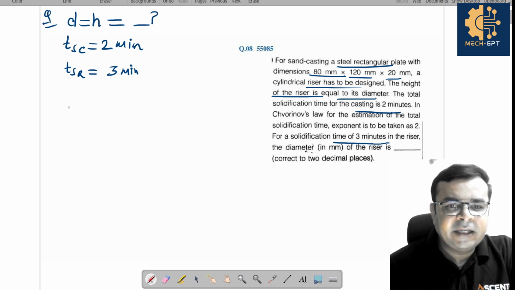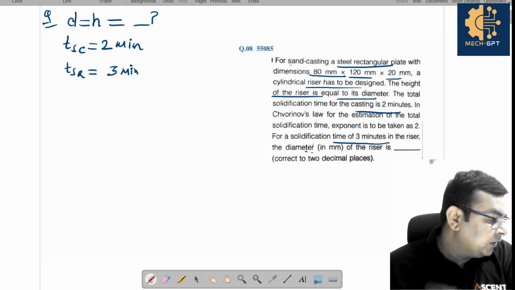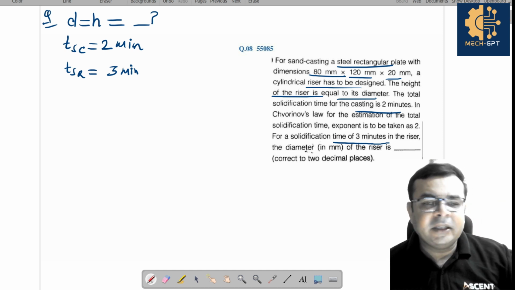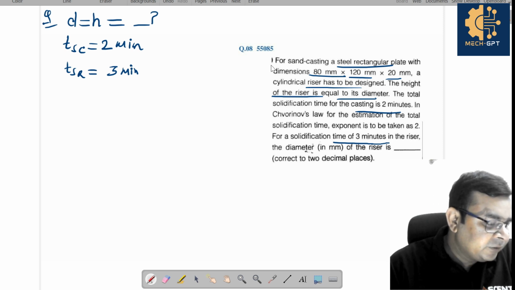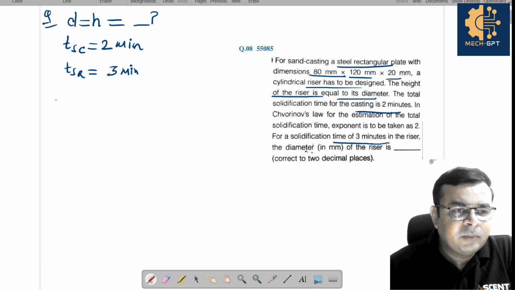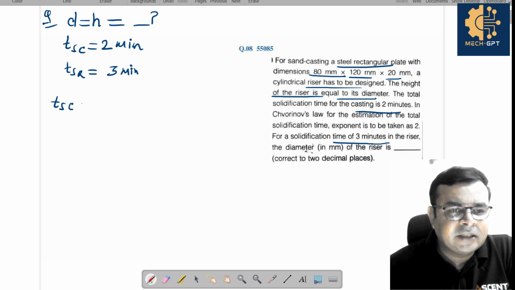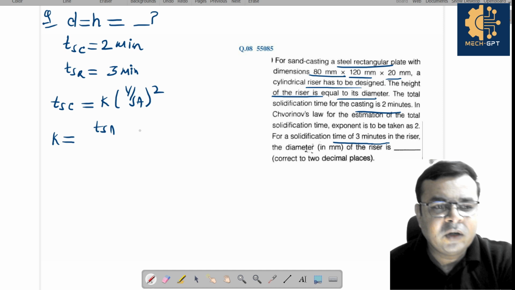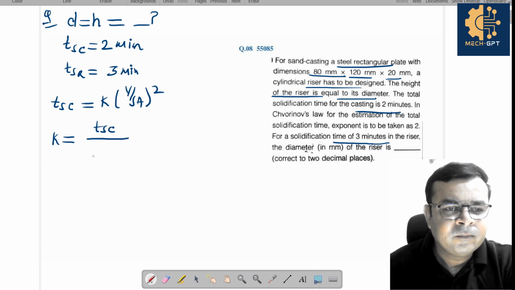So simply we can say here the solidification time of the casting is given, and the solidification time of the riser. If I write the solidification time of the casting, it is equal to K times (V by SA) whole squared. Yes or no? So from this we can calculate K, which is the solidification time of casting over (V by SA) whole squared of the casting.